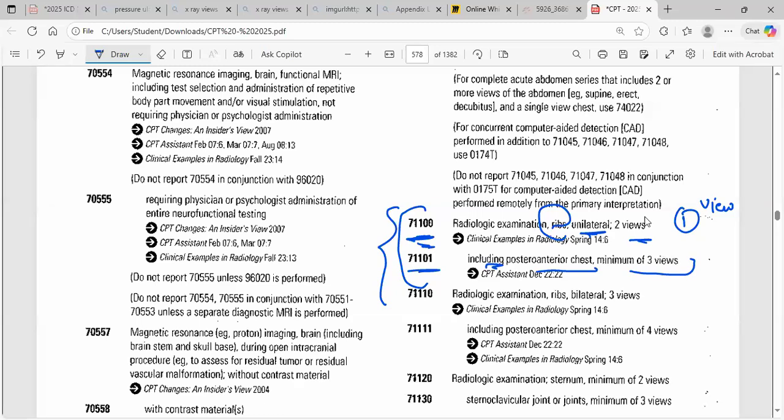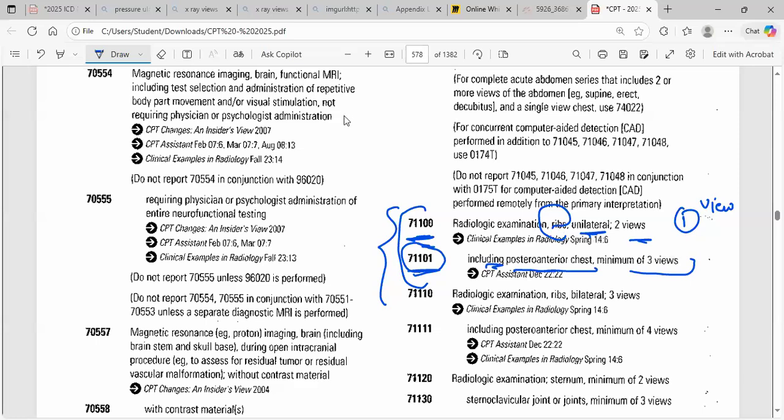Ma'am, what else can we do to represent that we are not going to bill the complete procedure? Ma'am, we can use 71101. So you are saying we should use 71101 to represent the one view? But our doctor did not perform any posterior anterior chest.